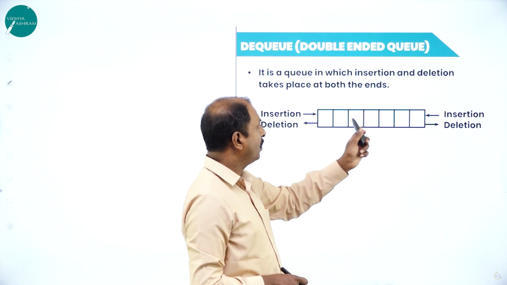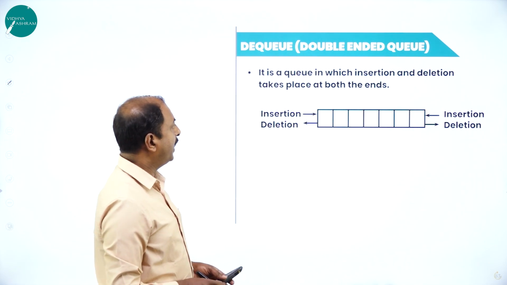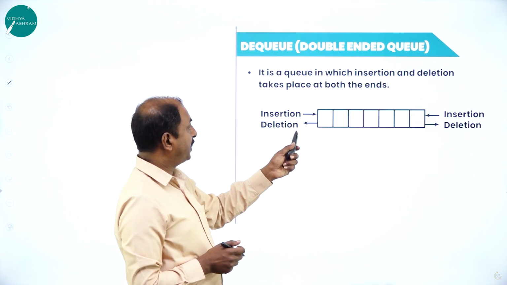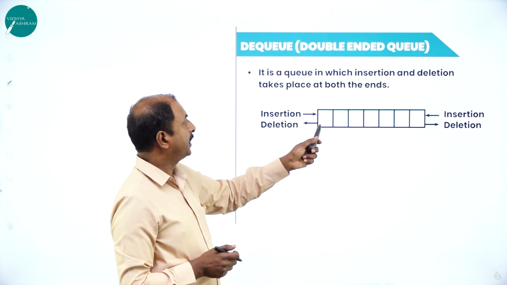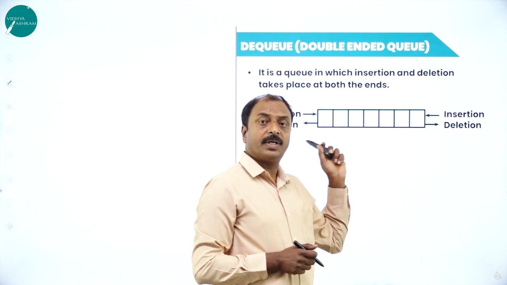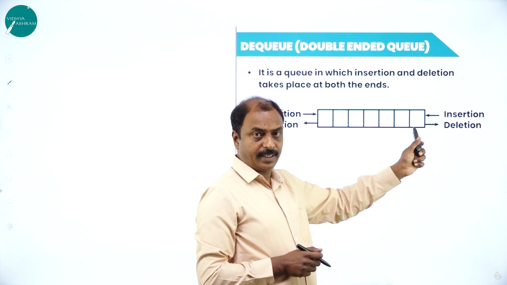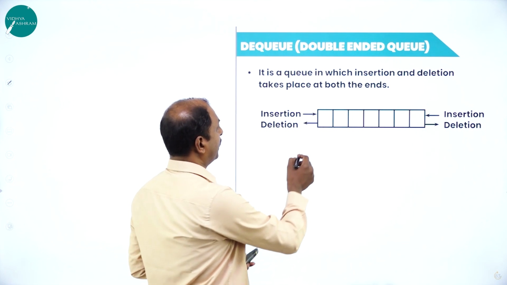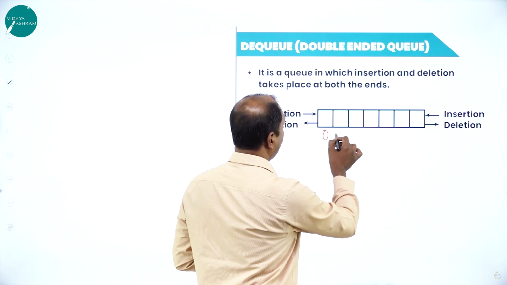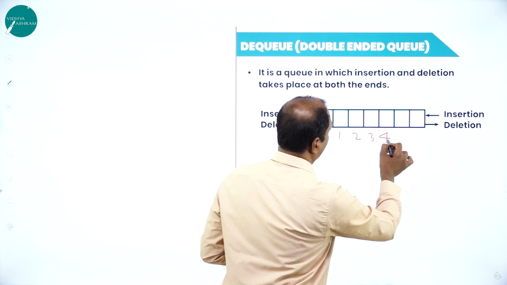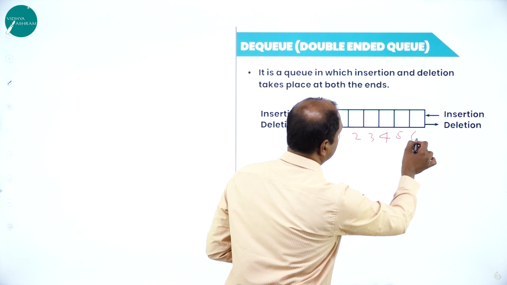This is a queue with many data items, and the pointers for insertion and deletion are at both ends of the queue. This is the beginning, at index 0, 1, 2, 3, 4, 5, 6.